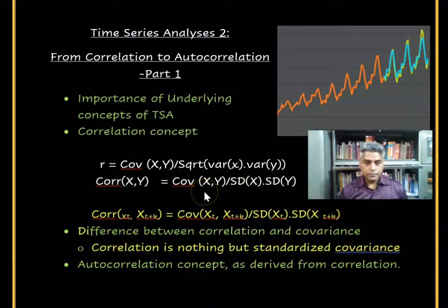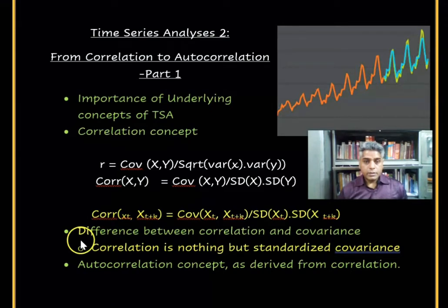We also saw how this transformed into the autocorrelation formula by a simple replacement of the x, y variables with xt and xt plus k, wherein xt is a time series variable and xt plus k is a lagged value series of xt.